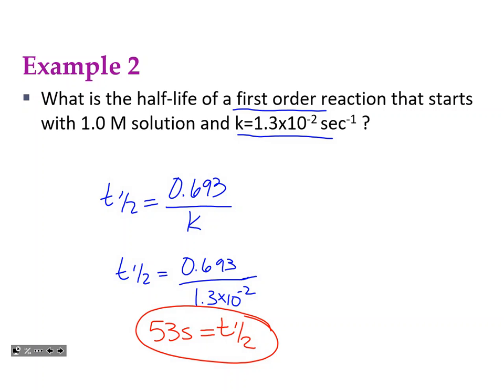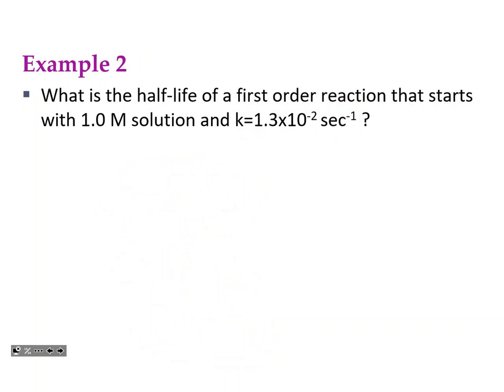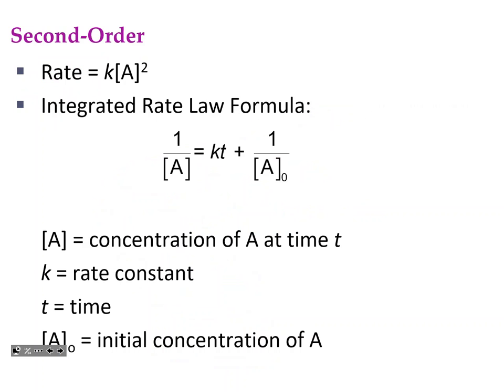We go to the first order formula. This one's on your formula sheet, so you don't have to memorize it, along with the first order, zero order, and second order general equations. There we go, half-life, 53 seconds.